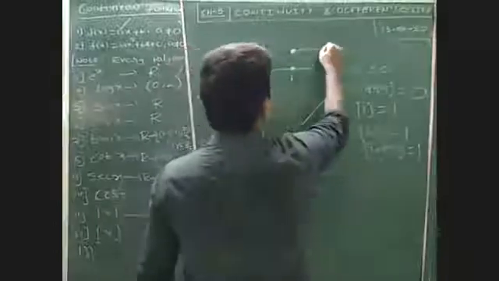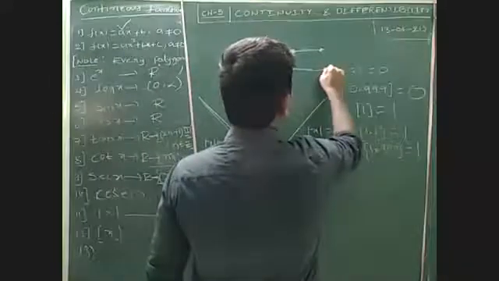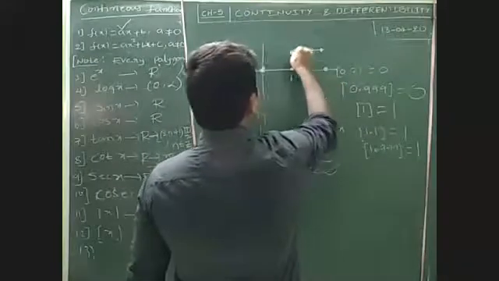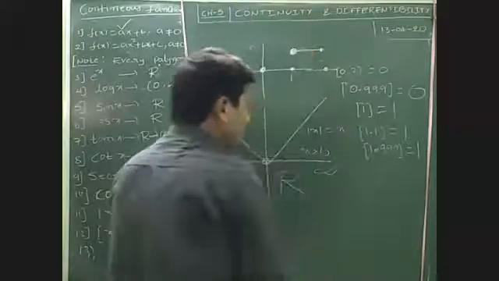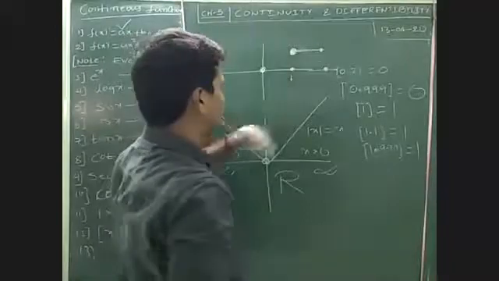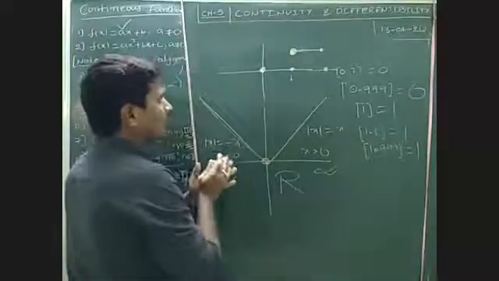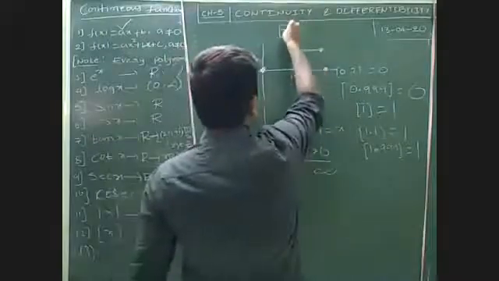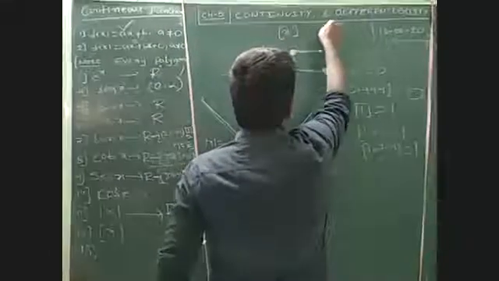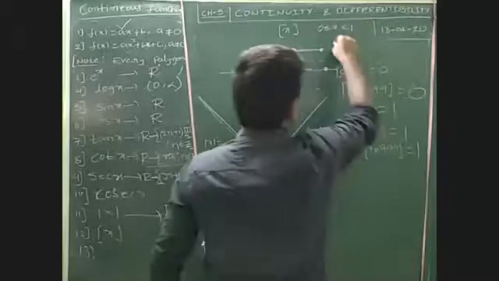So until before 2, the step value is 1 only. The values are integers. If they give a particular interval, like checking whether step x is continuous for 0 less than or equal to x less than 1, it is continuous.